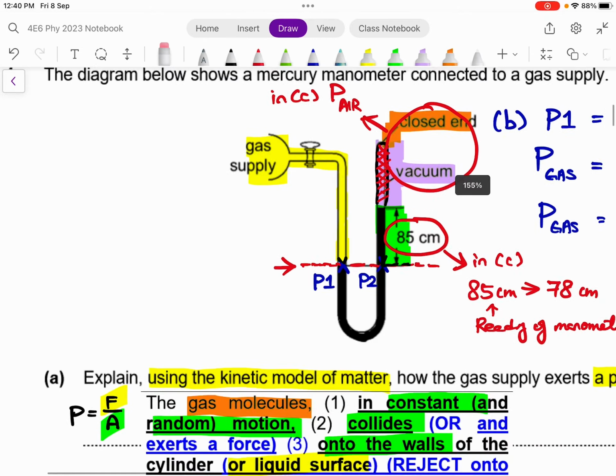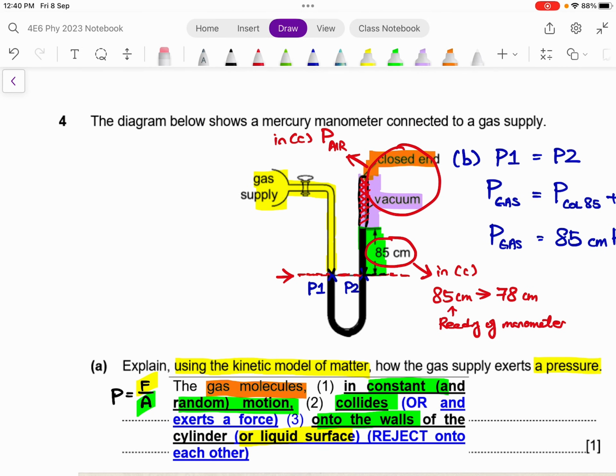So now in C, how will your equation look like? It's the same. Pressure 1 will still equal pressure 2. Pressure 1 still consists of the pressure of the gas supply. Pressure 2 will consist of the column over here, but in this case the column has already changed. And instead of a vacuum pressure, which is 0, now you have the pressure of air.